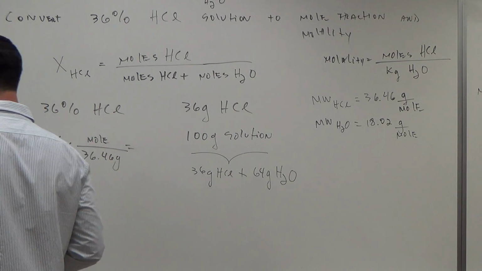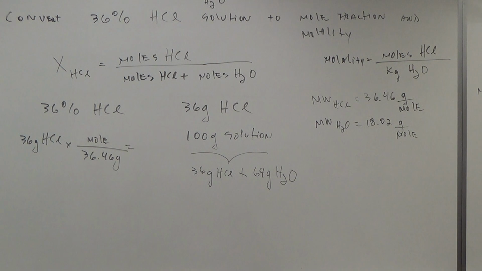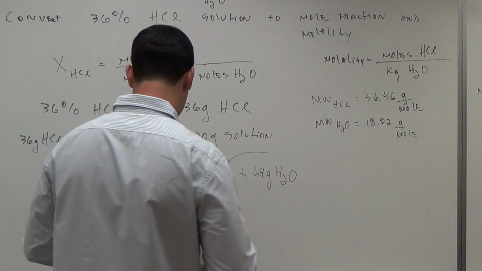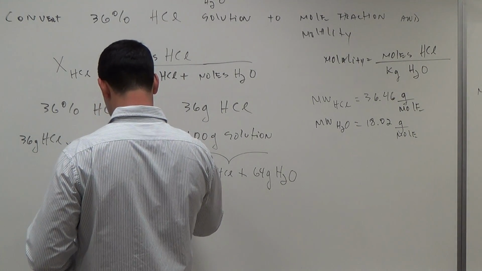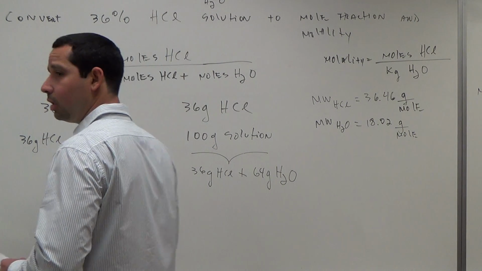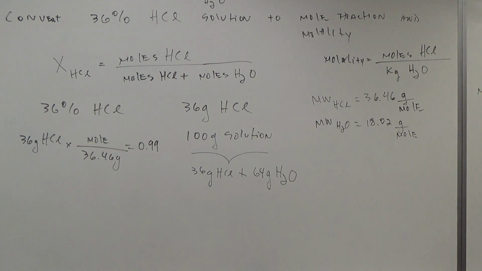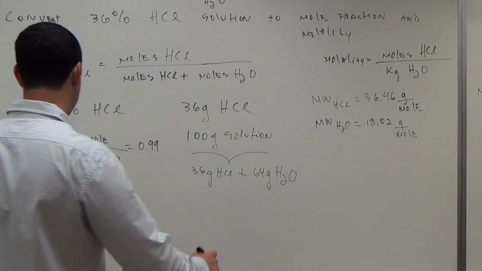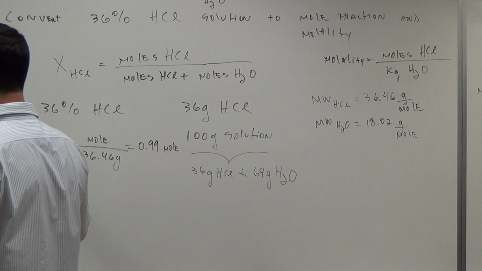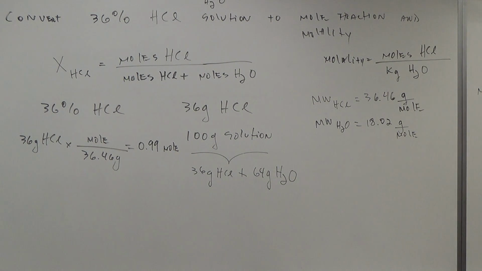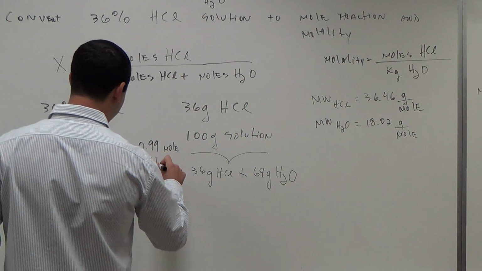What does that give you? 0.99, with 2 significant figures. This is moles of HCl.